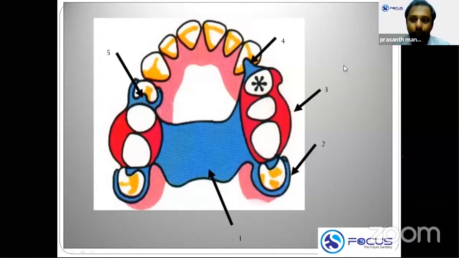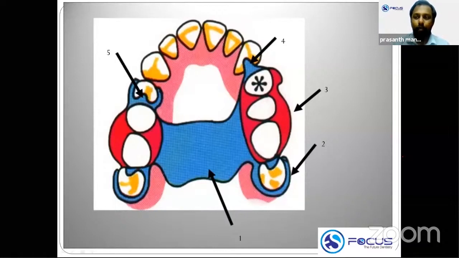It's actually an auxiliary rest, an auxiliary rest to the canine. Preetham has answered it. Even if it is answered as rest, there is nothing wrong in it. It is a type of rest, termed as auxiliary rest. Number five, it is an occlusal rest, along with the clasp assembly.